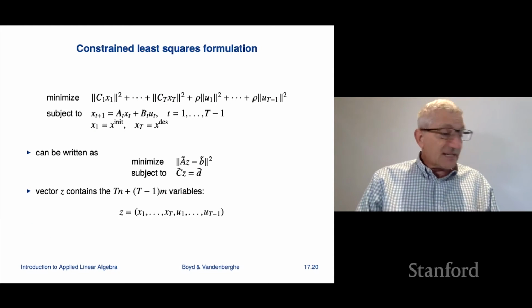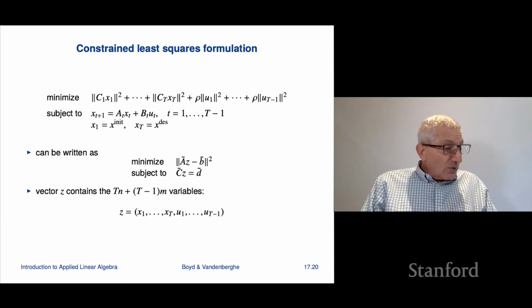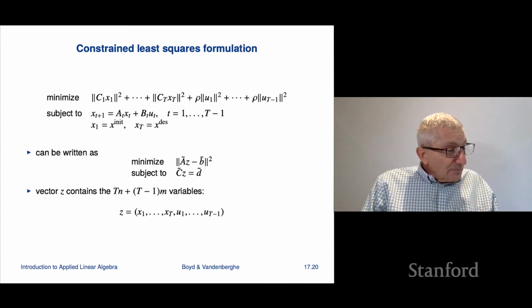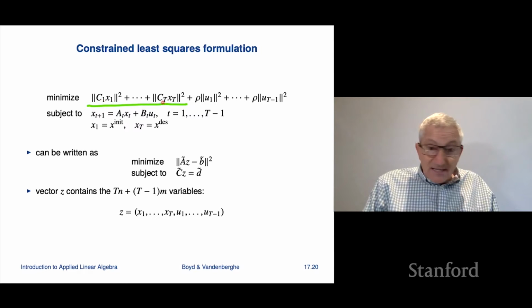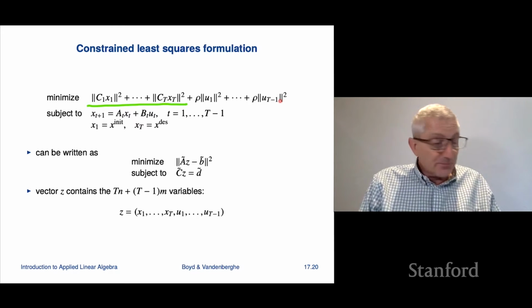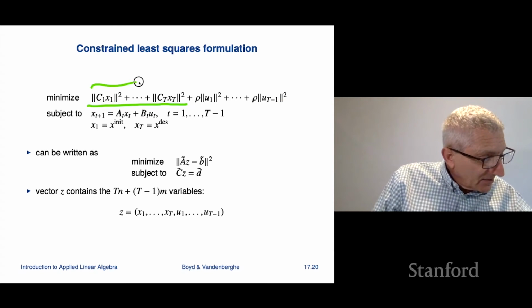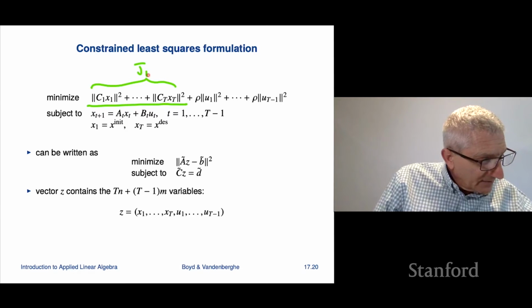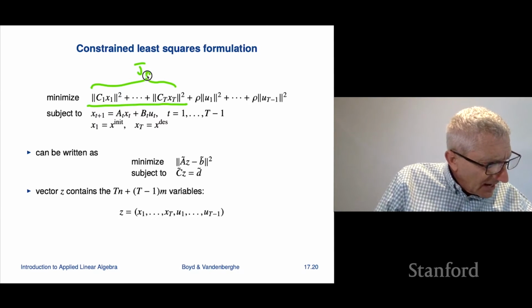Okay, now let's see how this works. You'll recall that this is y1 up to yT here, and so we're going to minimize this big expression here. This thing here is J output, I think we called it, right?